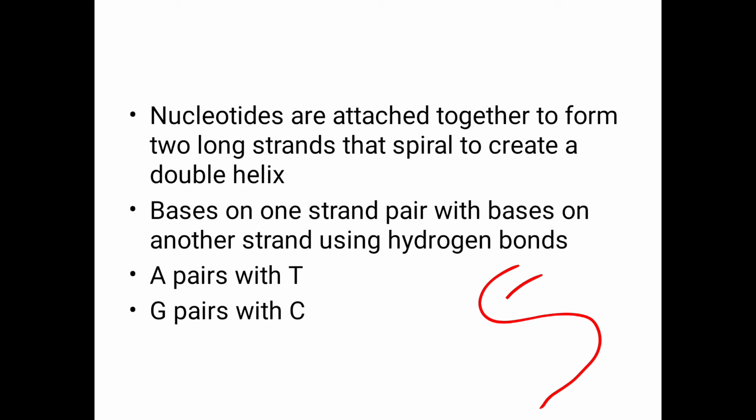This is what we call a double helix. We'll see this later in a proper diagram. There are two strands, and bases on one strand pair with bases on the other strand using hydrogen bonds. Adenine always pairs with thymine, guanine always pairs with cytosine, like this.